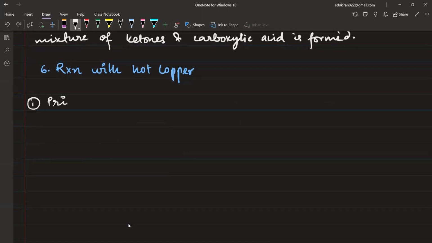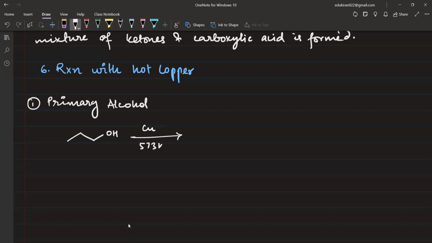When we look at primary alcohol, copper and 573 Kelvin, this gives aldehyde with the same number of carbon atoms and you get hydrogen gas.